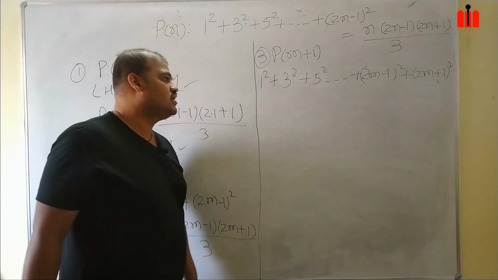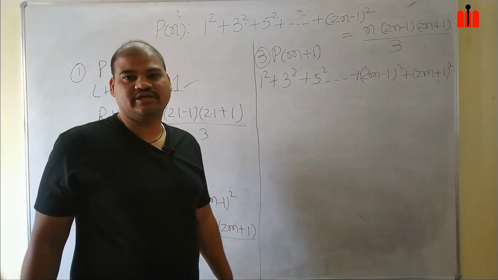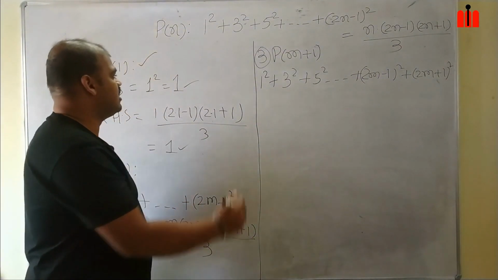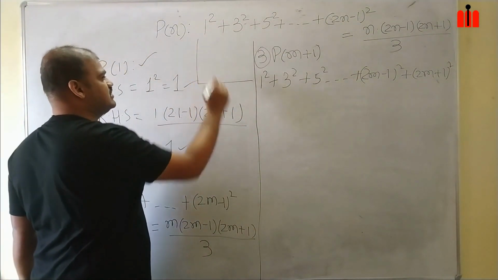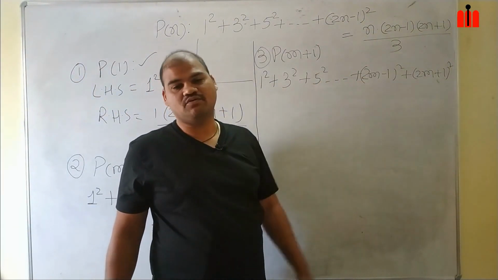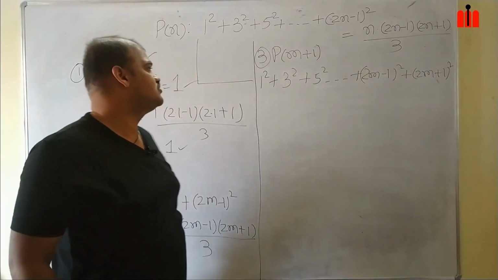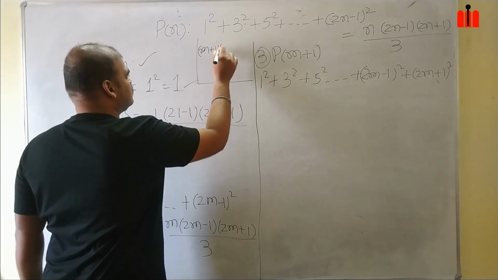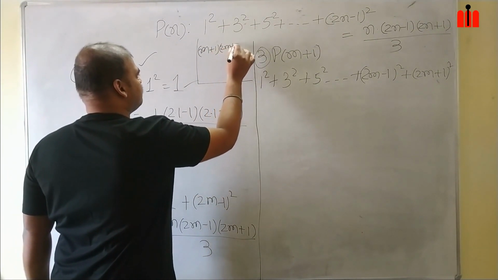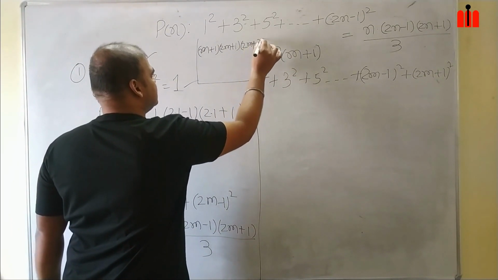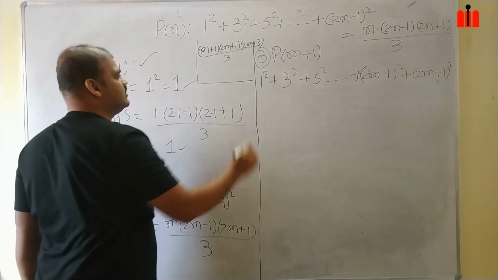Now let us anticipate how the RHS of this Pm plus 1 should look. In my RHS I will substitute n equal to m plus 1. Once I substitute n equal to m plus 1, I will get (m plus 1)(2m plus 1)(2m plus 3) whole divided by 3.